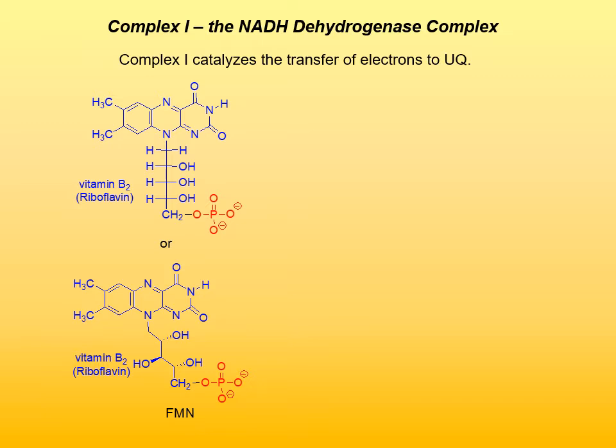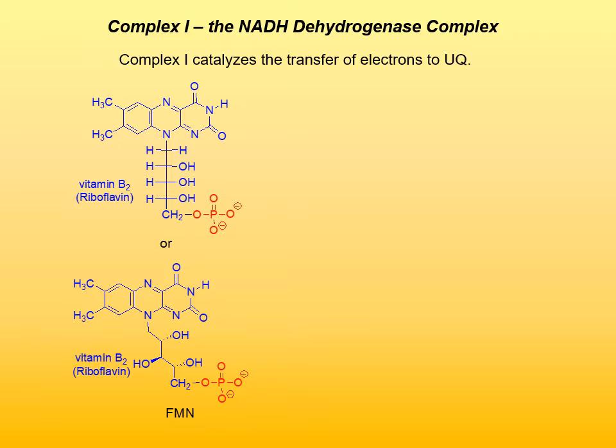Complex 1 contains 1 molecule of flavin mononucleotide, shown here in 2 representations, 2 formulas, so flavin mononucleotide or FMN, and 7 iron-sulfur centers, or iron-sulfur clusters.